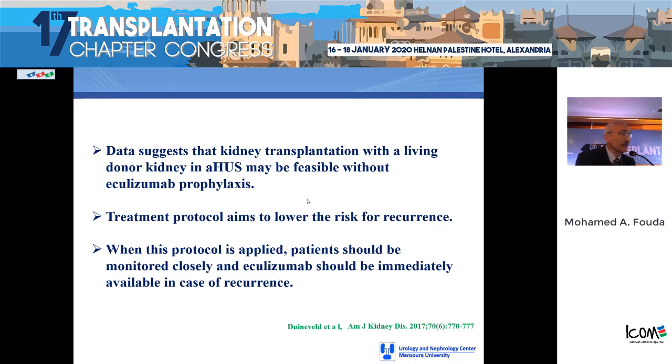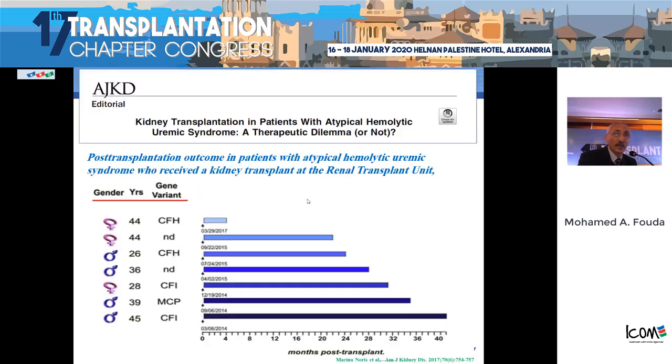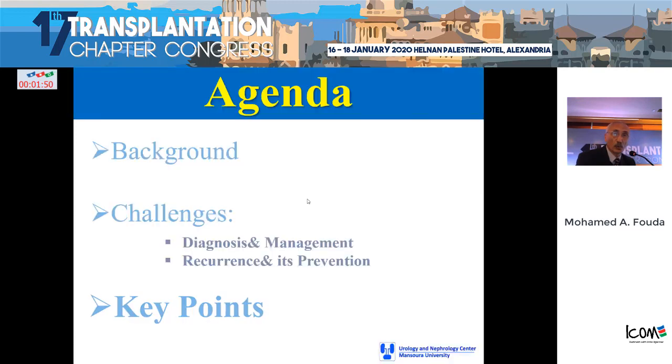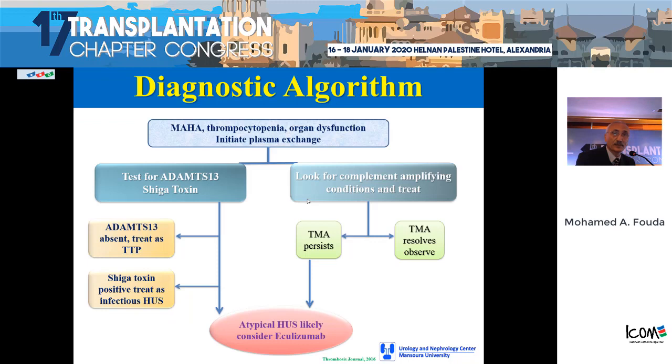However, still, an unrelated donor is an acceptable policy. And the editorial commented on this work, and he agreed and presented some of his experience which is compatible with this report. So we can reach the key points.